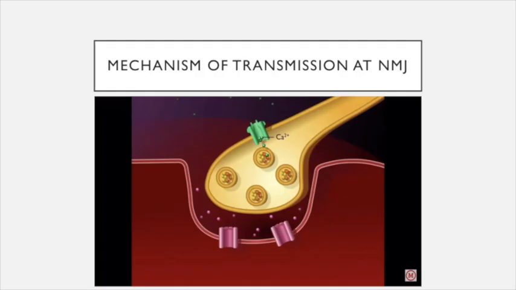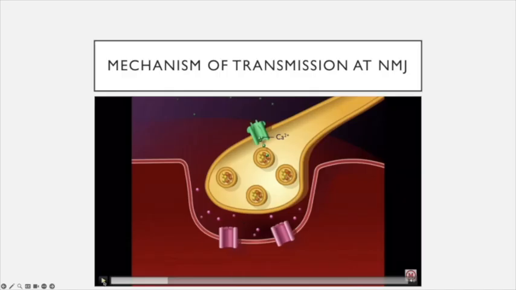That process then causes a cascade of events that leads to the migration of acetylcholine vesicles distally towards the membrane so that they then fuse with this nerve membrane here and release acetylcholine into the synaptic cleft. This is called exocytosis.